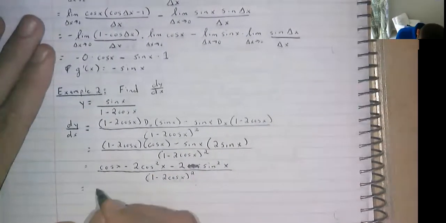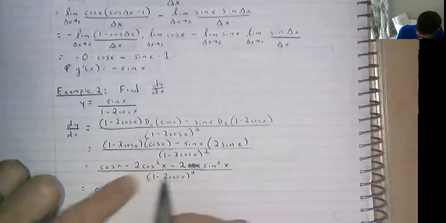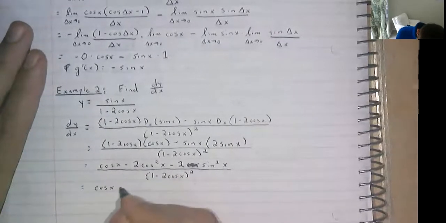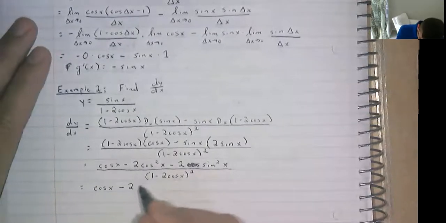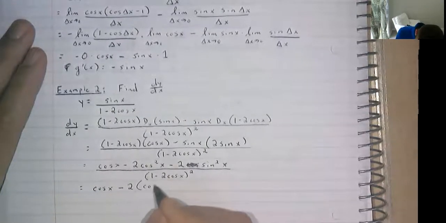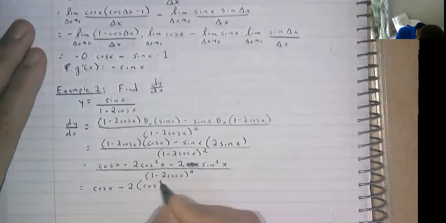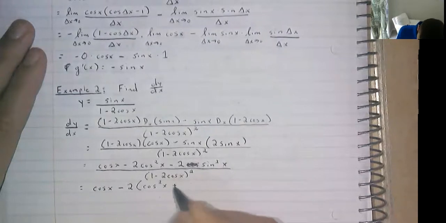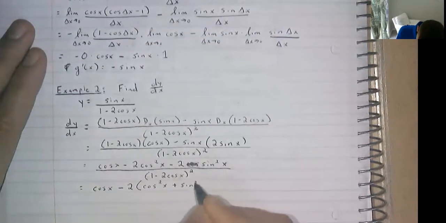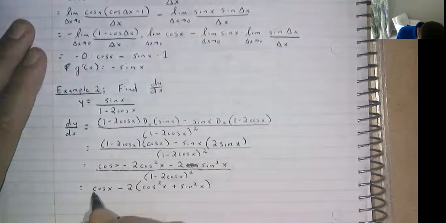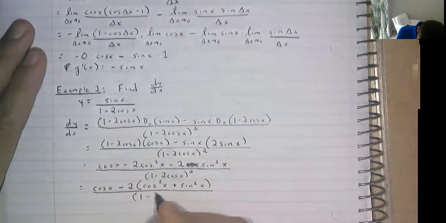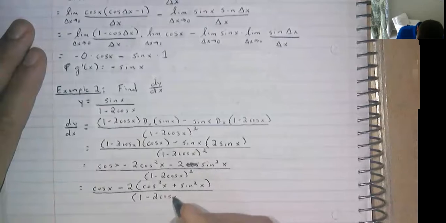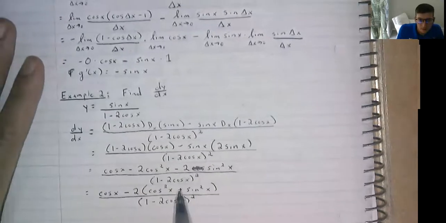So if we get the cosine of x, I'm going to factor out a negative 2 here, minus 2 times the cosine squared of x, this now becomes plus sine squared x, all divided by 1 minus twice the cosine of x squared.